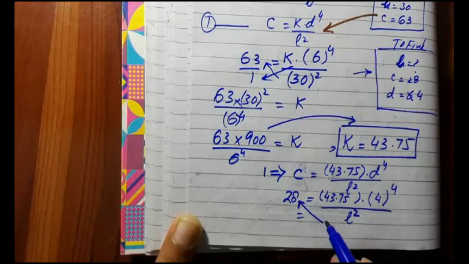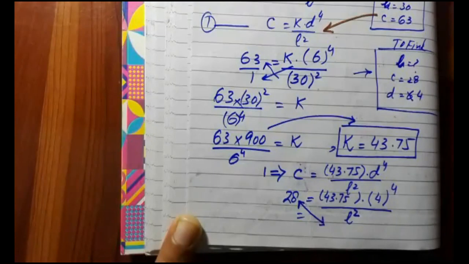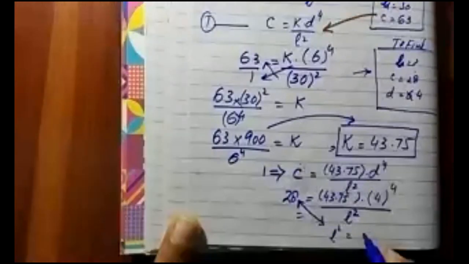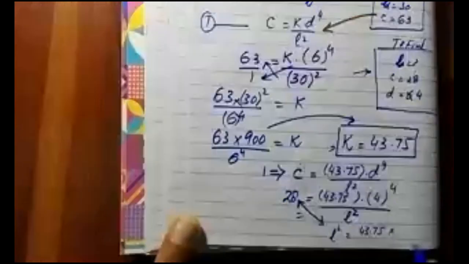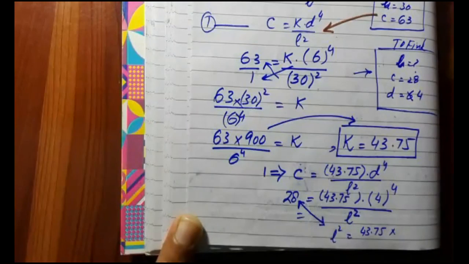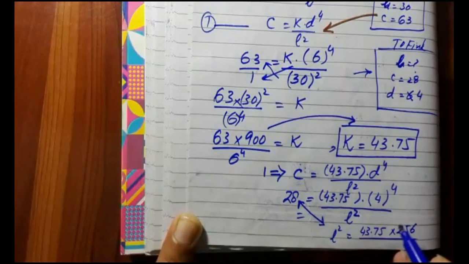So L square will be equal to 43.75 into 4 raised to power 4, which is 256, divided by 28. After the cancellation, use your calculators.